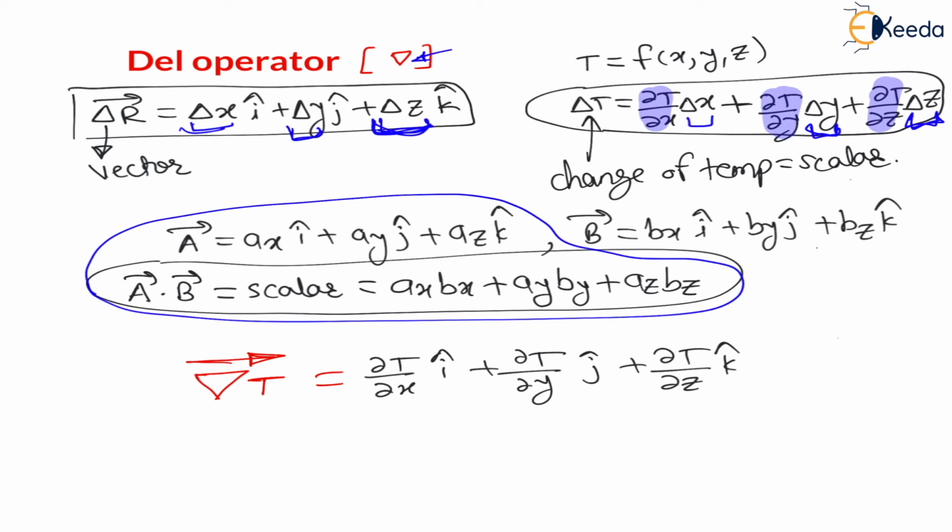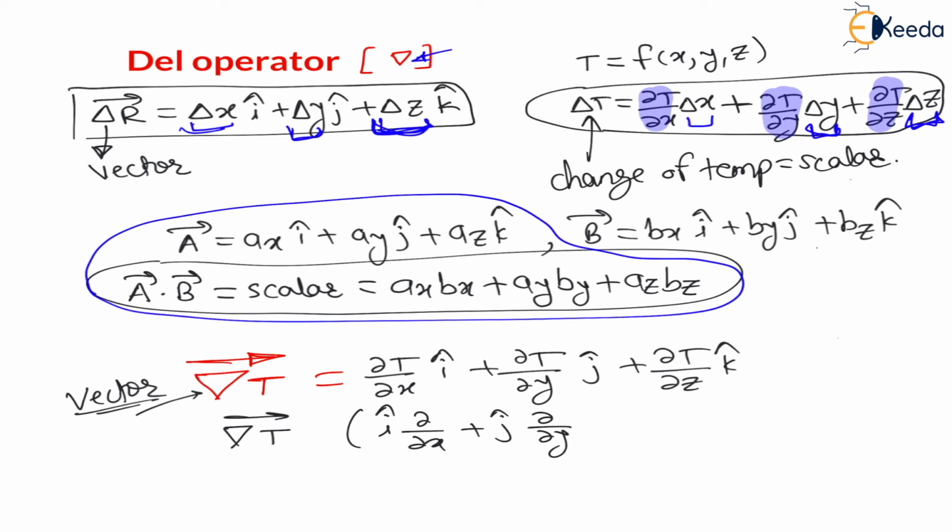Similarly, if I take temperature common here, then can I write this del operator, which is a vector quantity? Del t is a vector quantity, reverse triangle. Then it will be written as i dou x of plus j dou y of plus k dou z of temperature T. Now from both sides the temperature term will get cancelled.